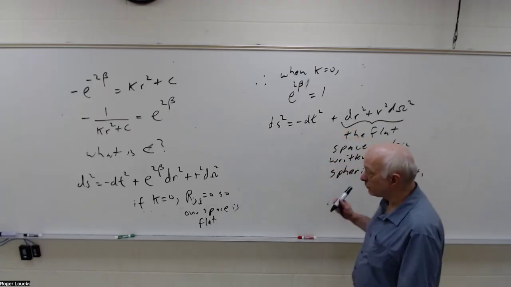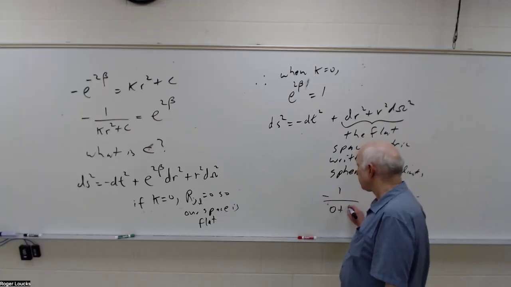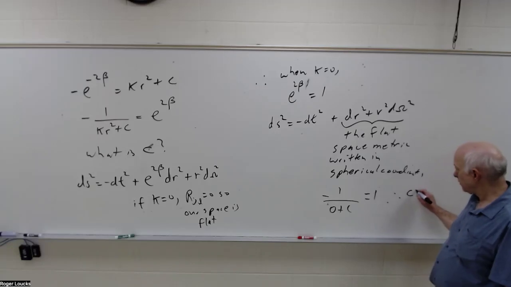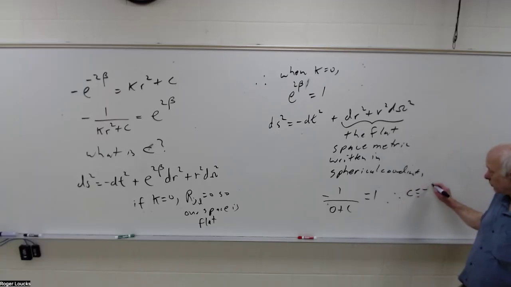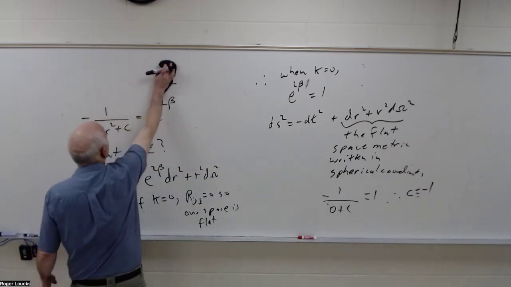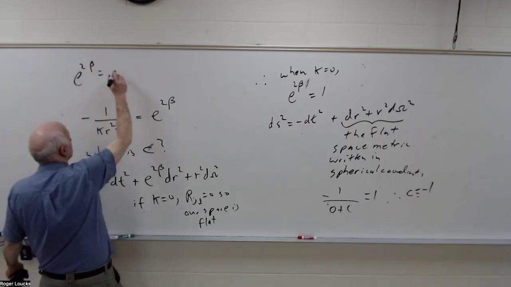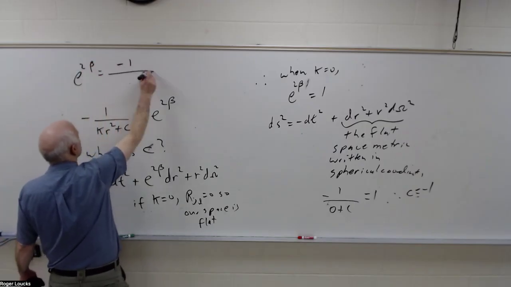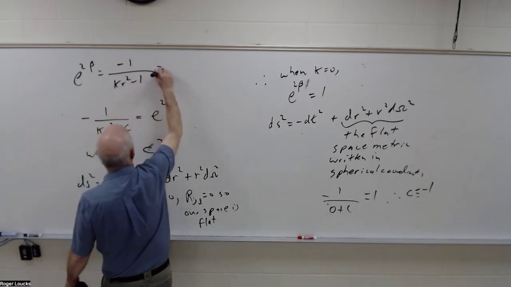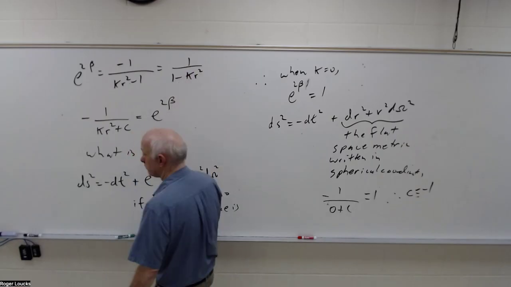Okay. So in that case, what does that give us here? So this gives us minus 1 over 0 plus c equals 1, or it tells me that c must be minus 1. So we have this e to the 2 beta here is 1 minus 1 over kr squared minus 1, or what it's always written is 1 over 1 minus kr squared.